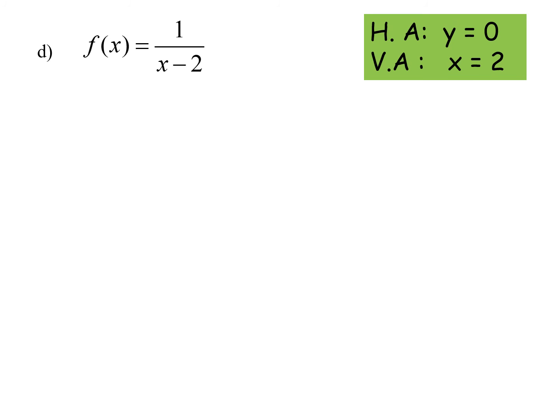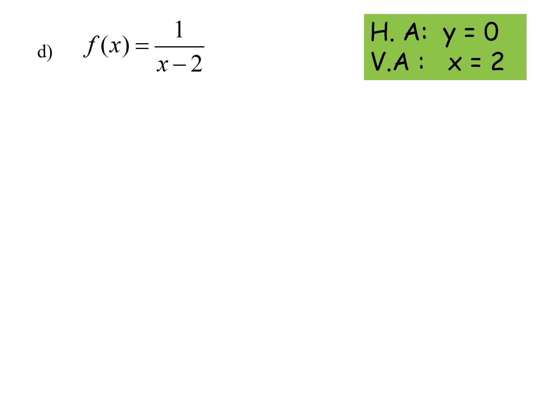Then we move to question D, f(x) equals 1 over x minus 2. This is a reciprocal function. The horizontal asymptote is y equals 0 and the vertical asymptote is x equals 2. We get the vertical asymptote from x equals negative c over b, so we get x equals 2.